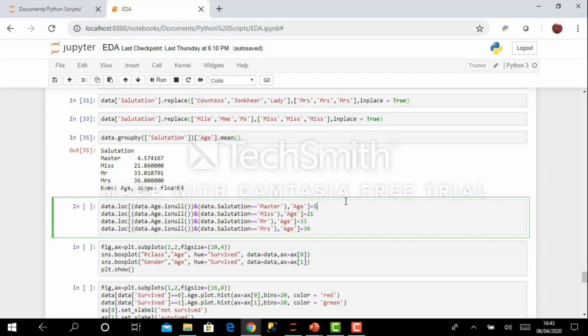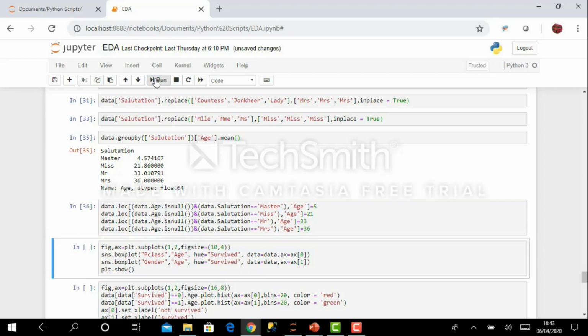So for all the records having a null age and the salutation Master, I am setting the age as 5. Similarly for Miss, Mr. and Mrs. with these different mean values. I'm just populating the null values of these particular salutations with these 4 different values.